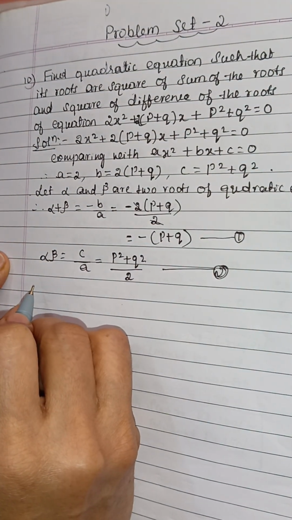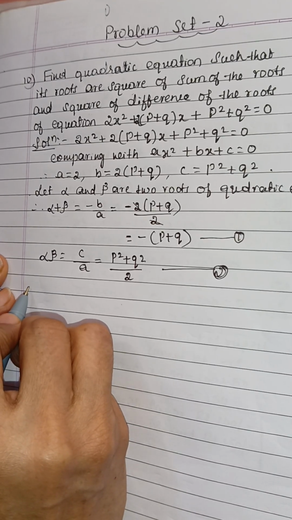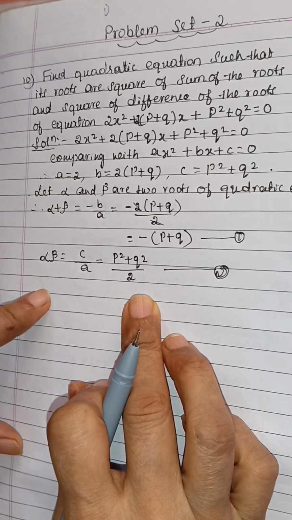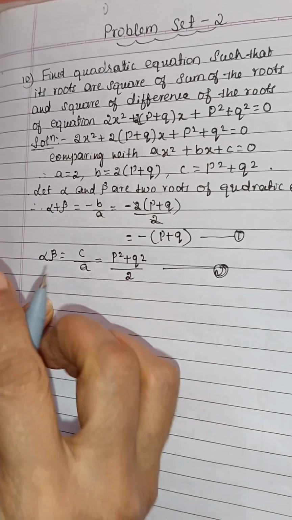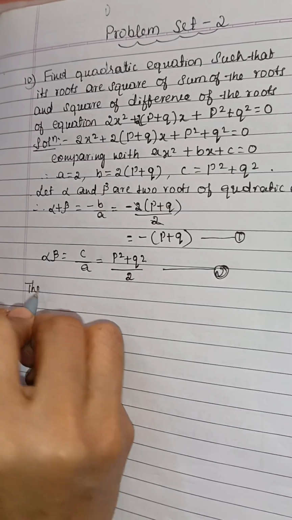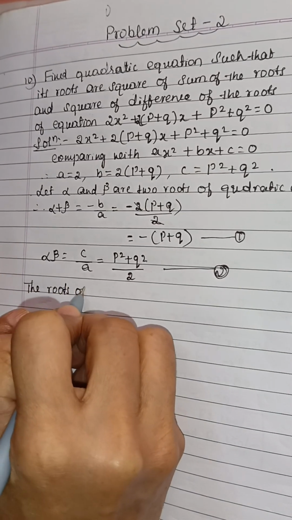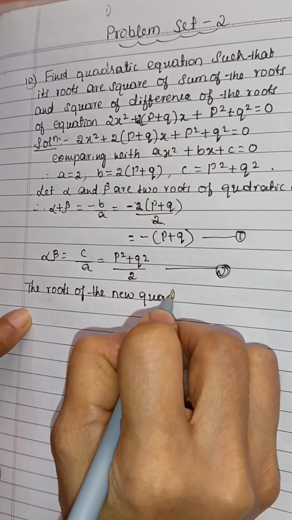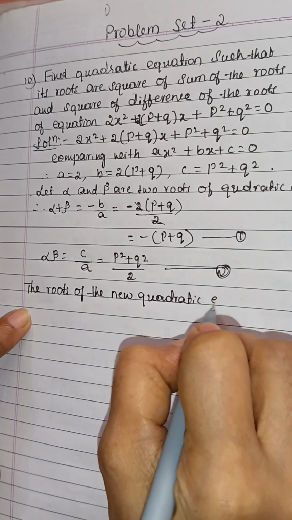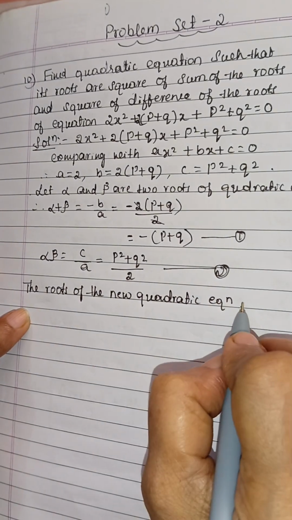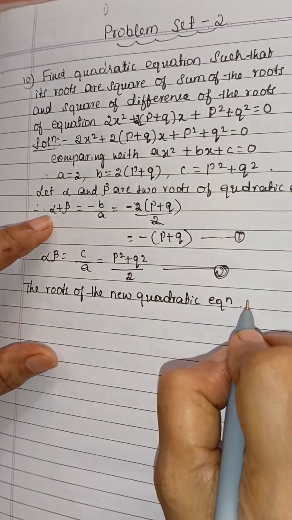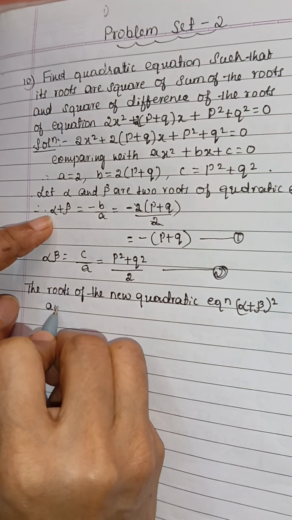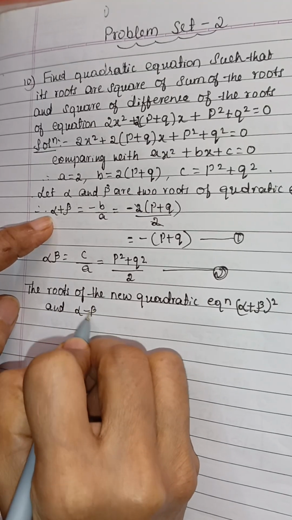Now the roots of the new quadratic equation are: one is alpha plus beta square and the other is alpha minus beta square.